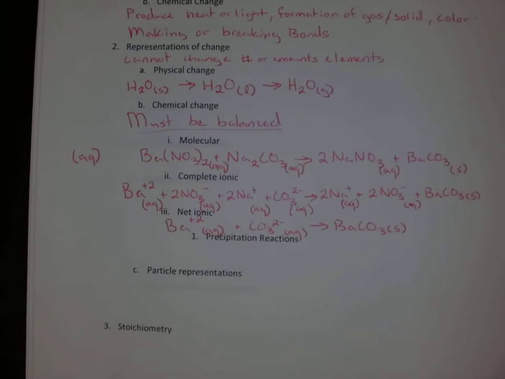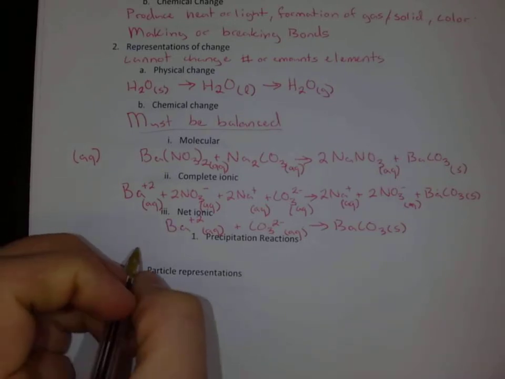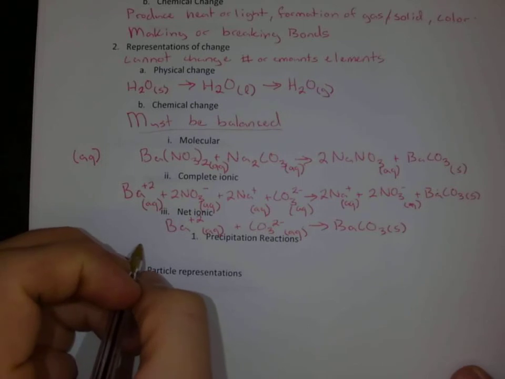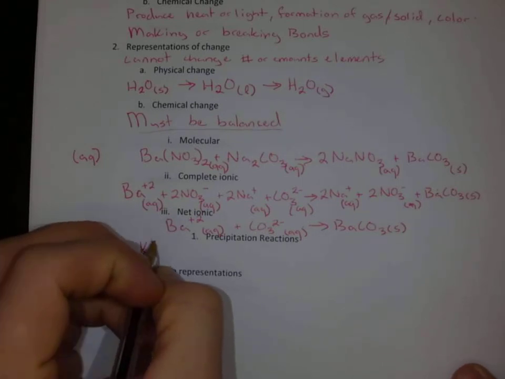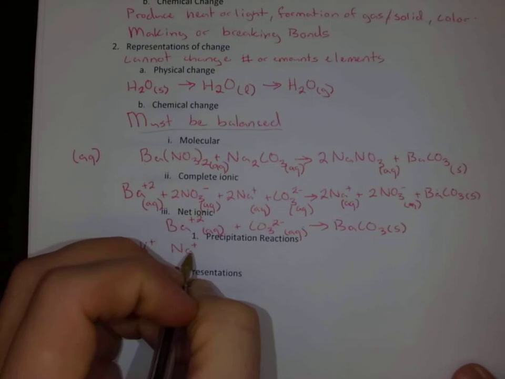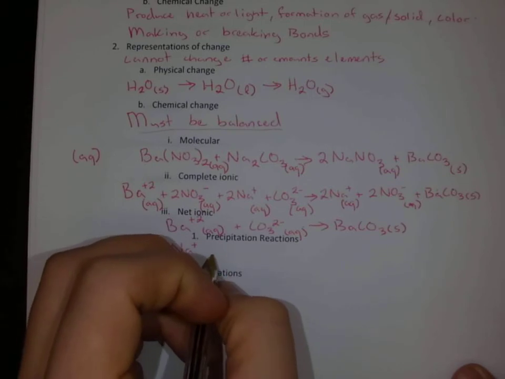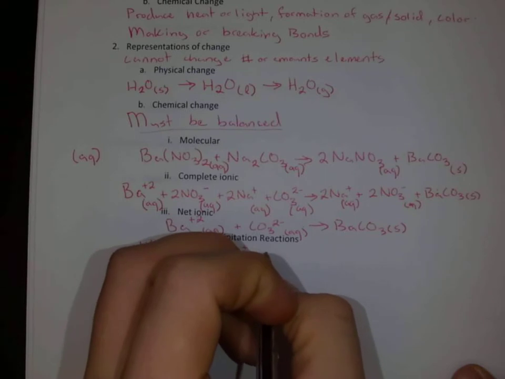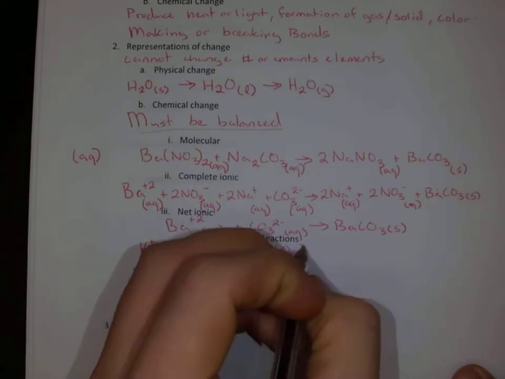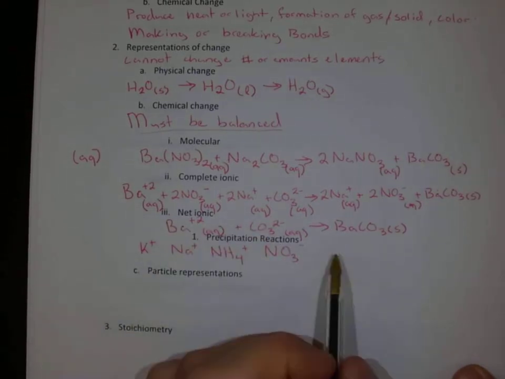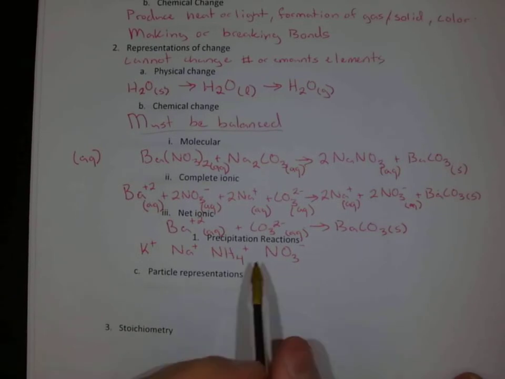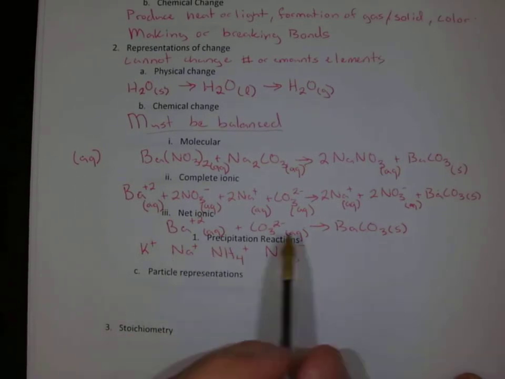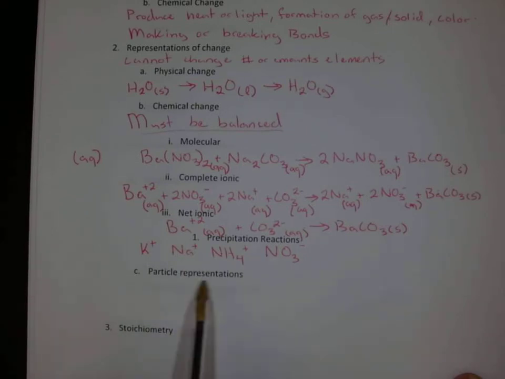We have 4 ions that are always going to be soluble: K+, Na+, NH4+, ammonium, and NO3-. These ions are always going to be soluble, so they are never going to take part in the precipitation reaction in the net ionic equation, because they are not going to precipitate.